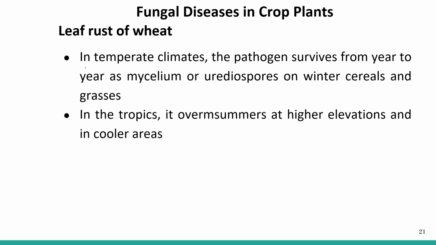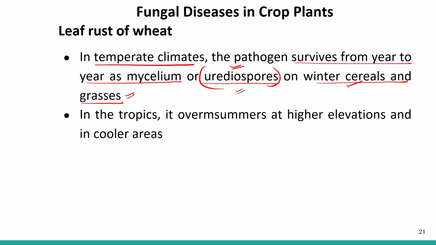In temperate climates, the pathogen survives from year to year as mycelium or urediospores on winter cereals and grasses. So they are present in the form of urediospores and can survive from year to year in winter cereal crops and also on some grasses. In the tropics, it oversummers at high elevations and in cooler areas.